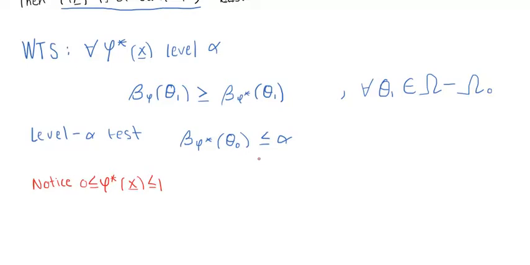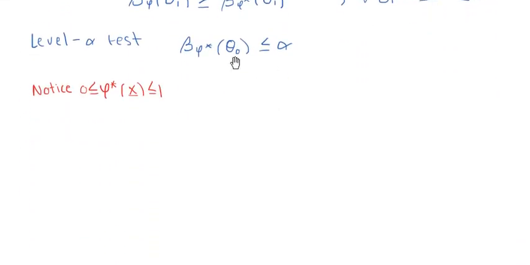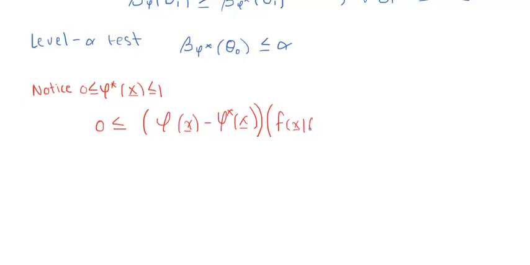And with this fact, and the fact that the arbitrary test we picked is level alpha and the test under the given conditions is size alpha, we note that phi of x minus phi star of x, times f of x given theta 1 minus k times f of x given theta naught, is going to be greater than 0.